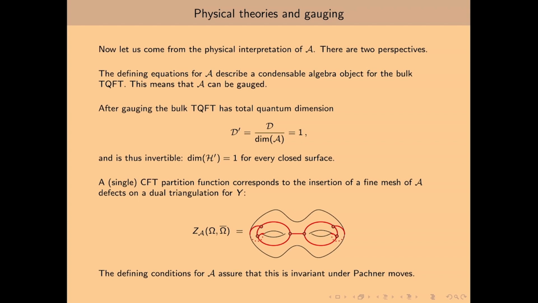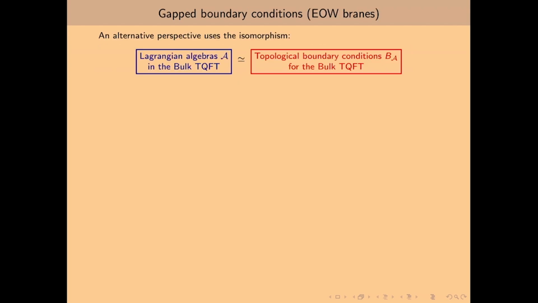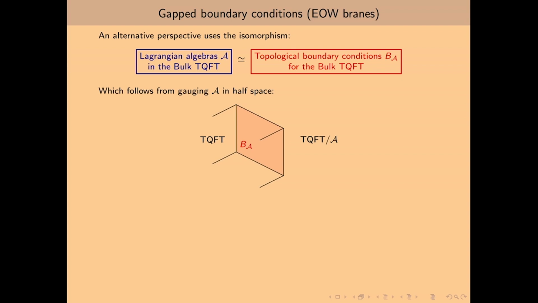Okay, so let me also tell you a dual interpretation, which is this one with end of the world branes. There is a nice mathematical isomorphism between these Lagrangian algebras, which I described before, and the topological boundary conditions for the TQFT. The map is very simple to describe via pictures. So one way to think about it is that you can just gauge the symmetry in half of space.